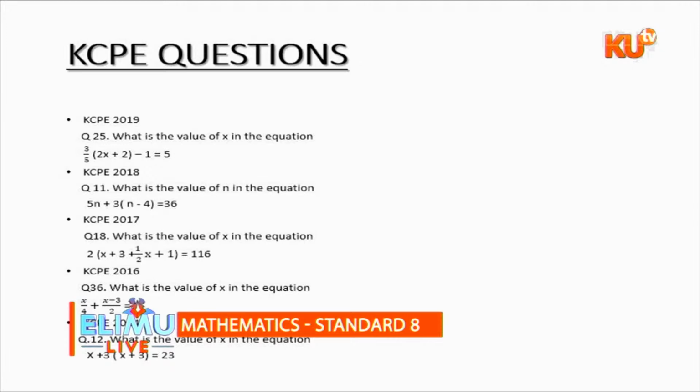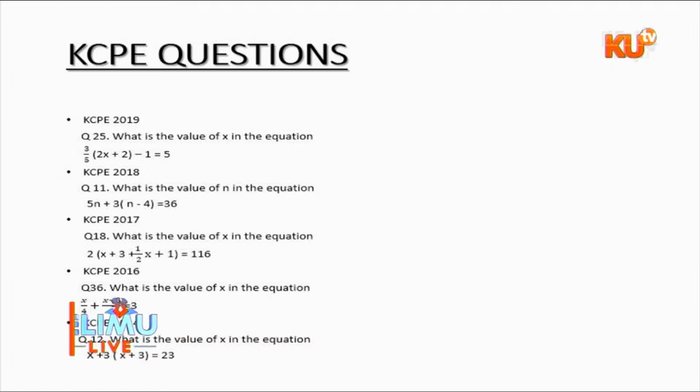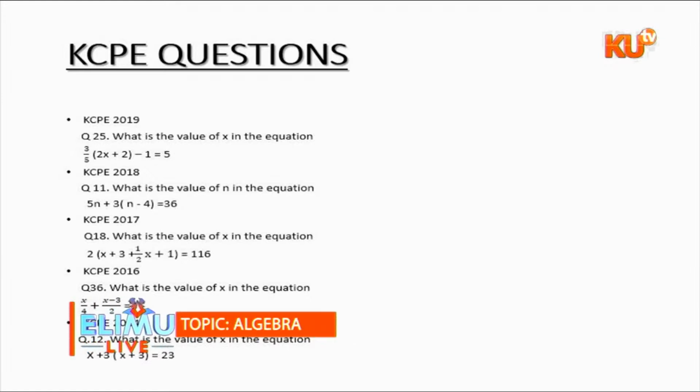So let's see how we are going to solve this one, or how we were supposed to do it. So with a bracket, the first thing to do is to open it up. So we open up the bracket. What is inside, multiply by what is outside.